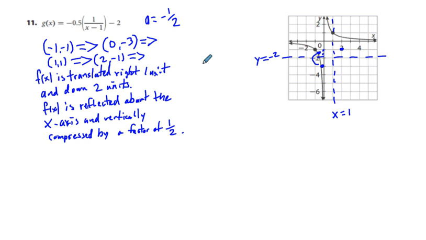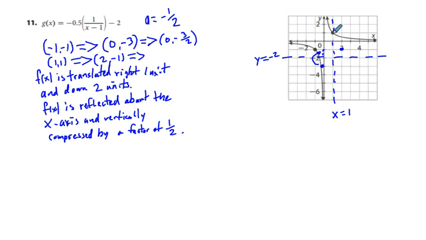So we're going to get, you have to go from -3 to -1 down 1/2. So we're going to get 0, and we're going to get -3/2 for this -1, -1.